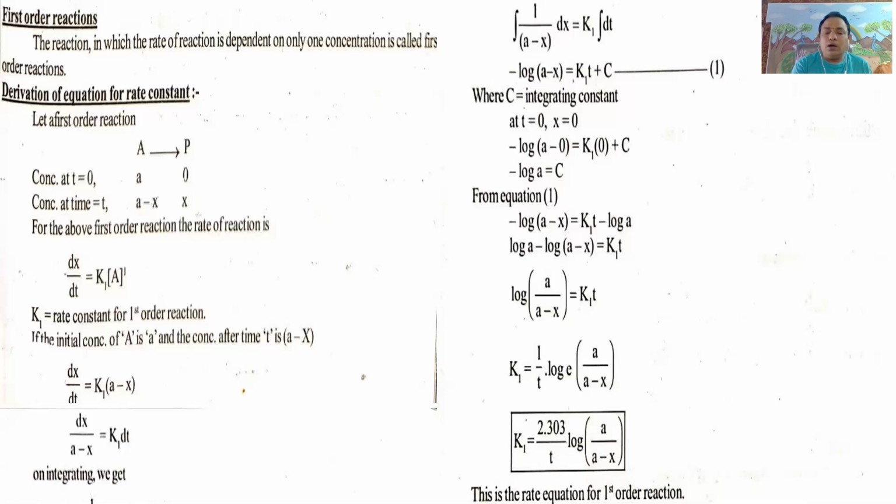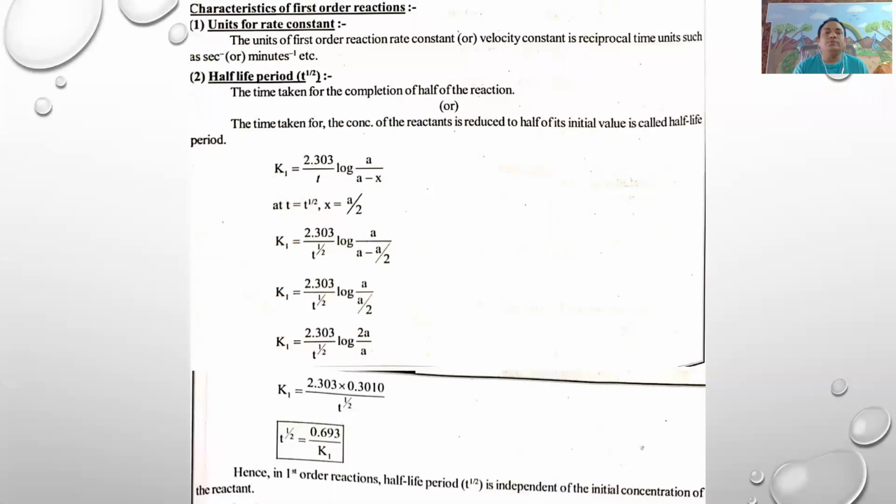Here, after deriving the rate constant equation, the main characteristics of the first order rate constant follow. The first one is the units of the first order rate constant. From the rate constant equation, K1 equals 2.303 by t log a by a minus x.